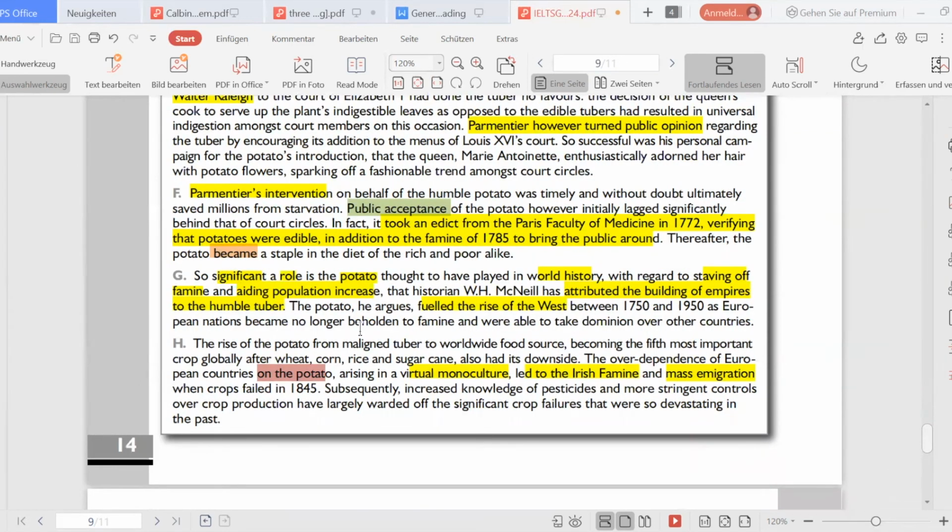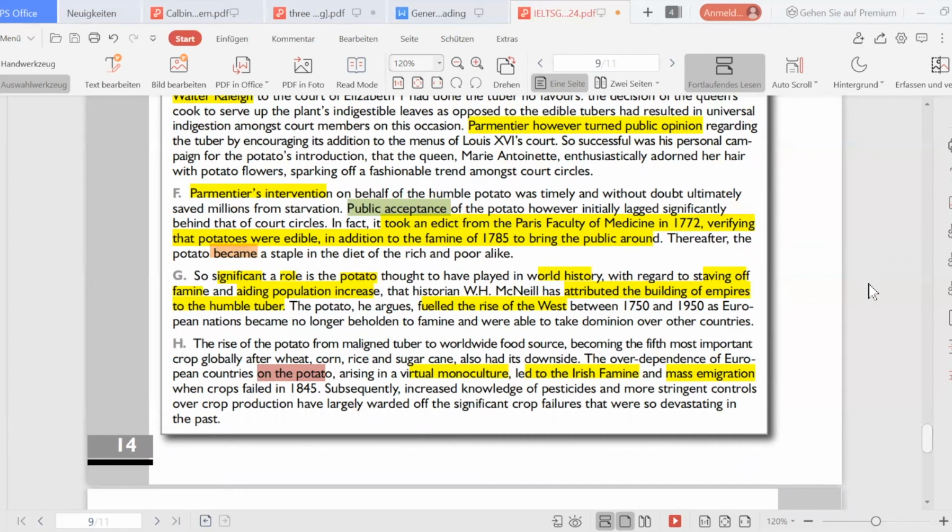So we see potato being a source of change, the fuel, so the potato fueled the rise of the West, okay? And the potato is attributed to building of empires, all right? And then potatoes have played a major role in world history. This is all about changes that the potato brought about.